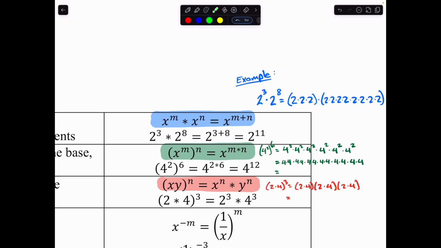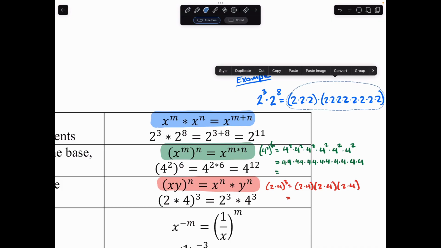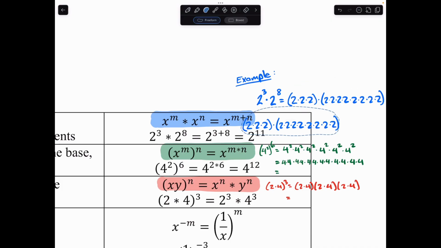Hopefully you would agree with me that 2 to the third power is 2 times 2 times 2. And hopefully you also recognize that 2 to the eighth power is 8 2's, 8 factors of 2, multiplied together. From there, I should be able to copy that and paste it. There we go.